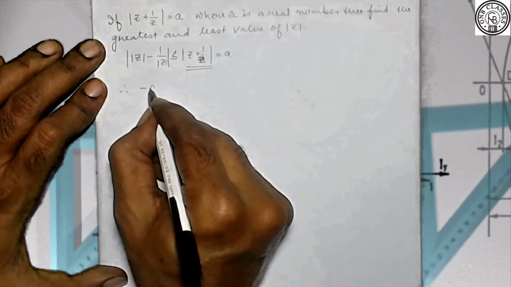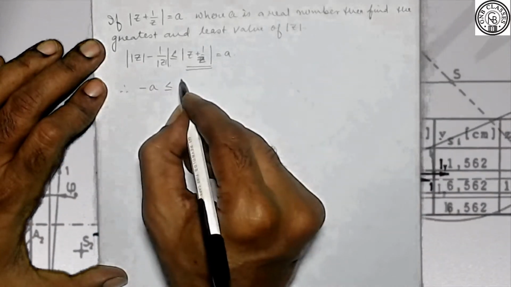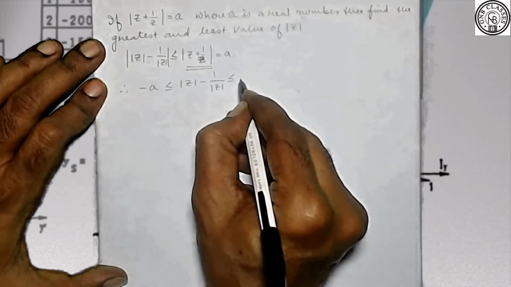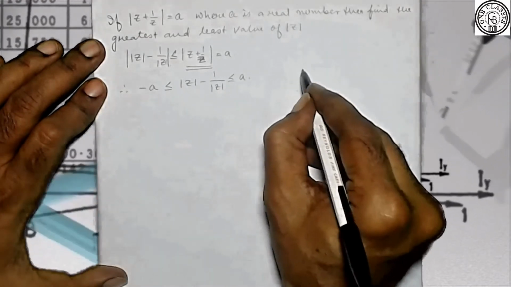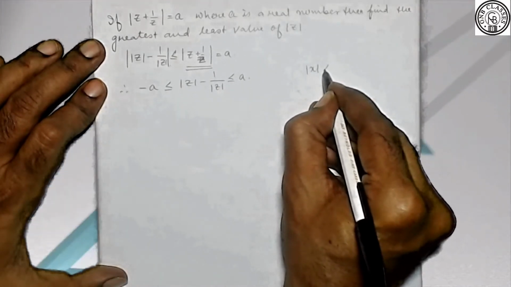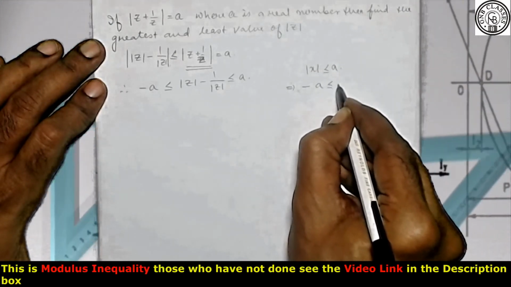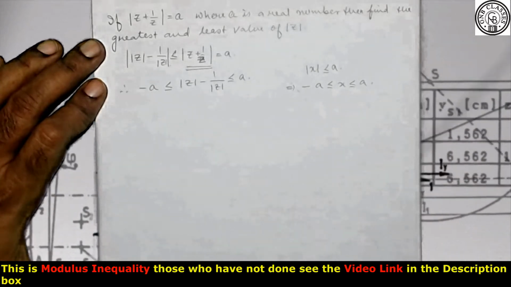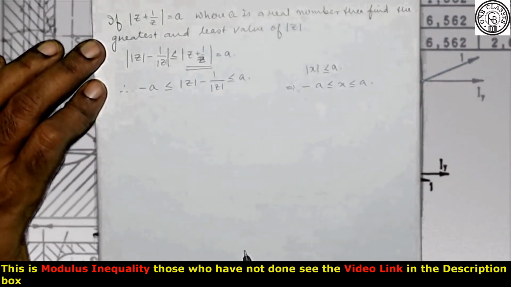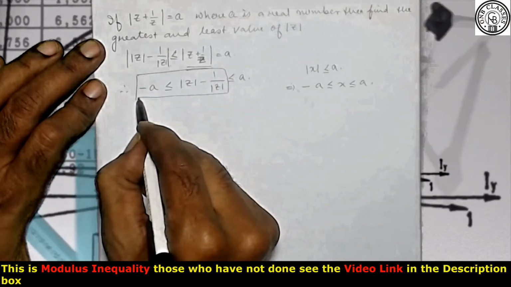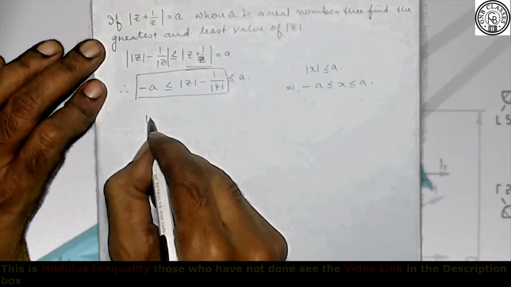Therefore, minus a is less than or equal to mod z minus 1 by mod z is less than or equal to a. Because we know that when mod x is less than or equal to a, we write this as minus a less than or equal to x less than or equal to a, right? So that's exactly what I have used here. Now let me take this part and let us solve it. So what we are getting?